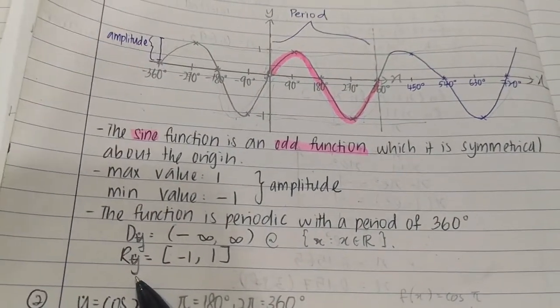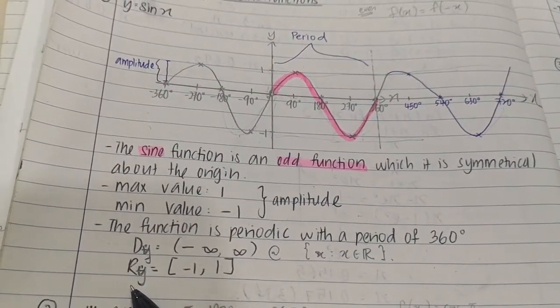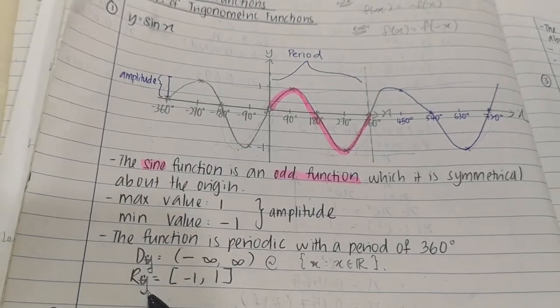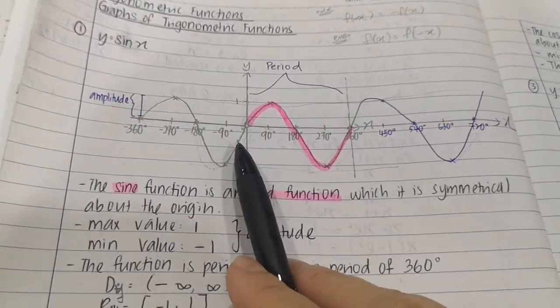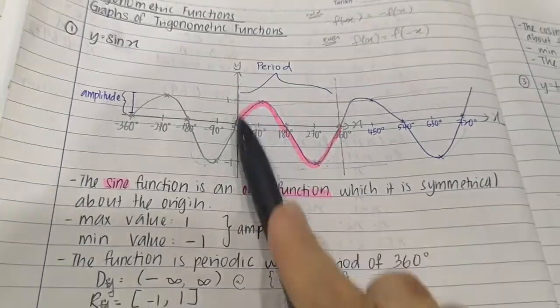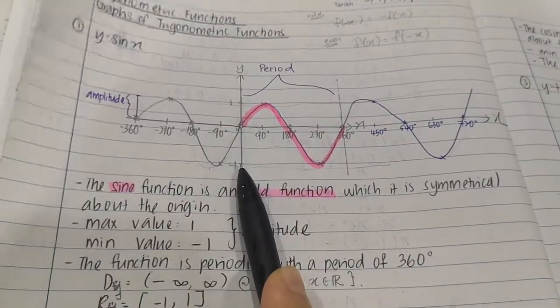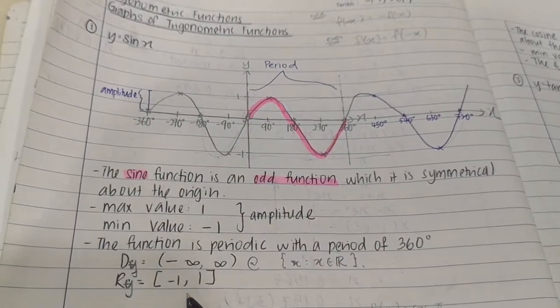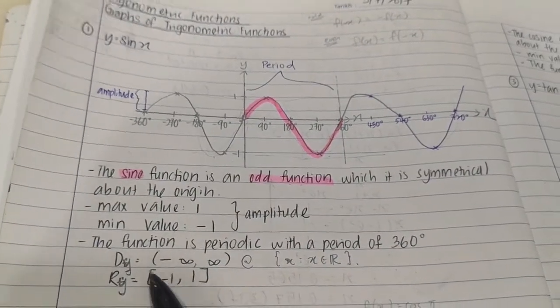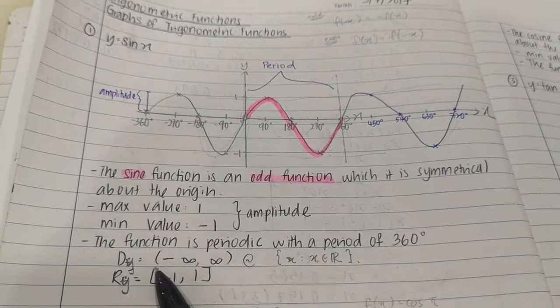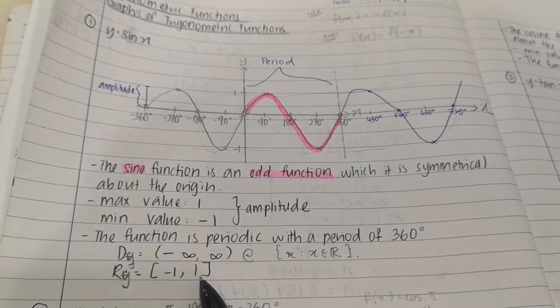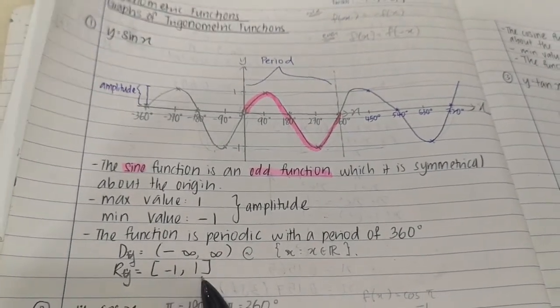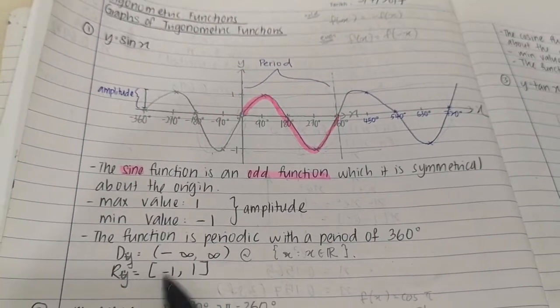And then how about the range? The range for the function y equal to sine x depends on the y value. If you look, the lowest is negative 1 and the highest is 1. So that's why the range is negative 1 until 1. I use the square bracket here.